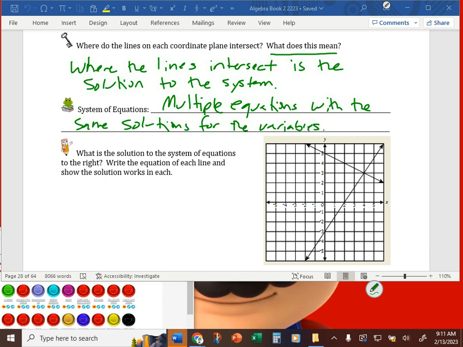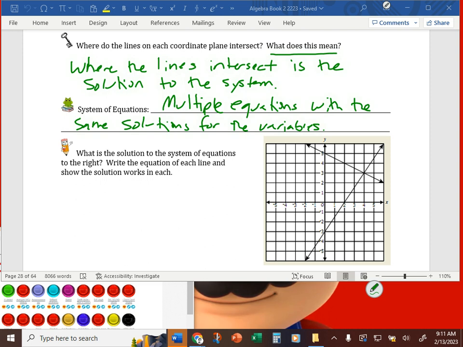We're only going to deal with 2 equations, but it could be more. Whatever x is in one equation, x will be the same thing in the other one. Whatever y is in one equation, y will be the same thing in the other one. Or h and n or a and b, whatever your variables are. It doesn't really make a difference.